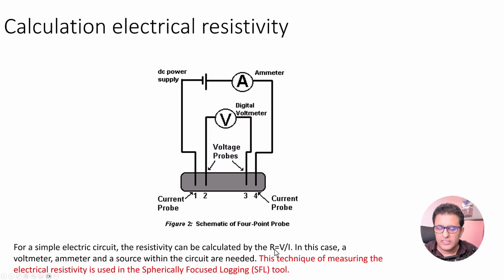And then from resistance, if we have some idea about the area and the length of the object, we are able to obtain resistivity, which is the property of the material. This is how we are able to measure the resistivity of different objects directly. What we need to do is just connect the object to an electric current and measure the voltage. Then we are able to estimate resistance, from which we can estimate resistivity.